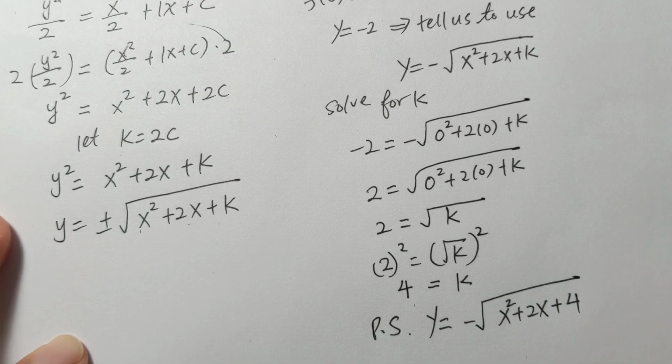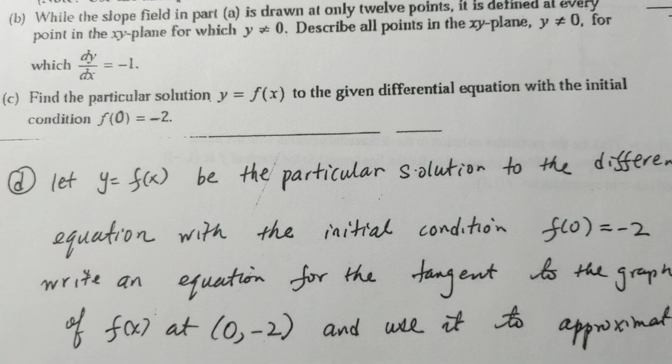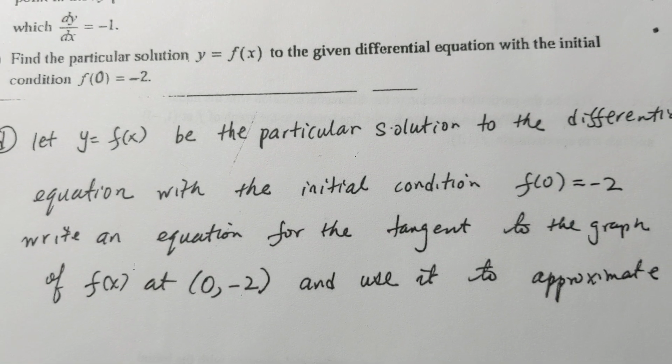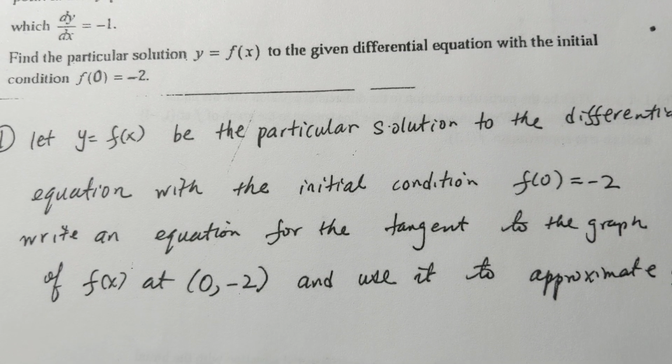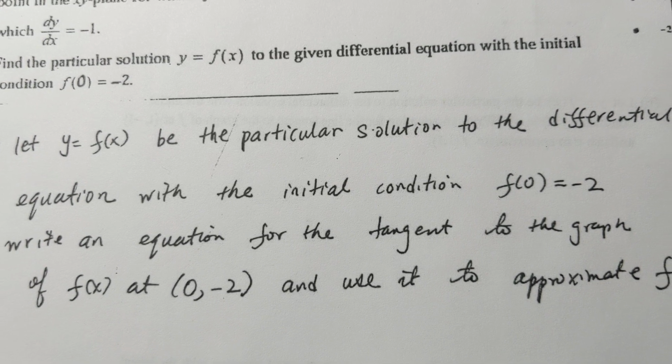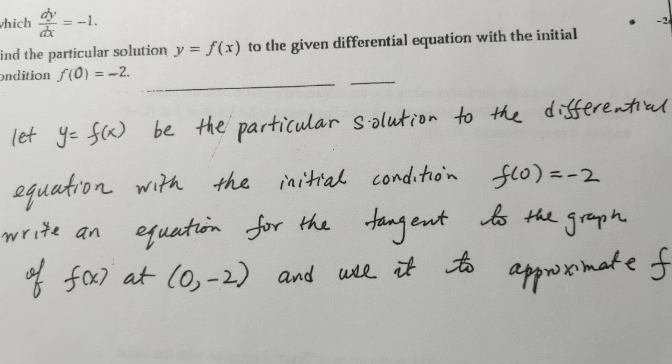Now we are going to our next part, part D. Part D says let y equal to f of x be a particular solution to the differential equation with the initial condition f of 0 equal to -2.